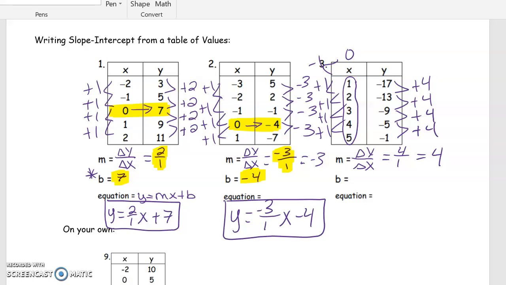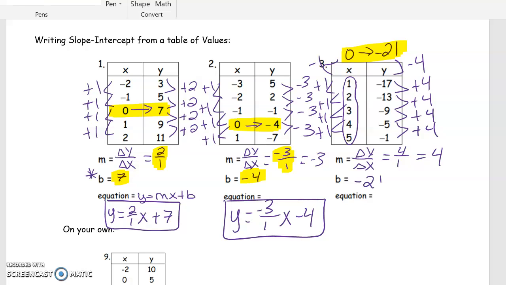So I'm going in the opposite direction. How could I find the corresponding y value? Well, if my y is changing by +4 every time, in order to work backwards, I could subtract 4 from -17, which would give me -21. Now I have a corresponding y value for where x is equal to 0.